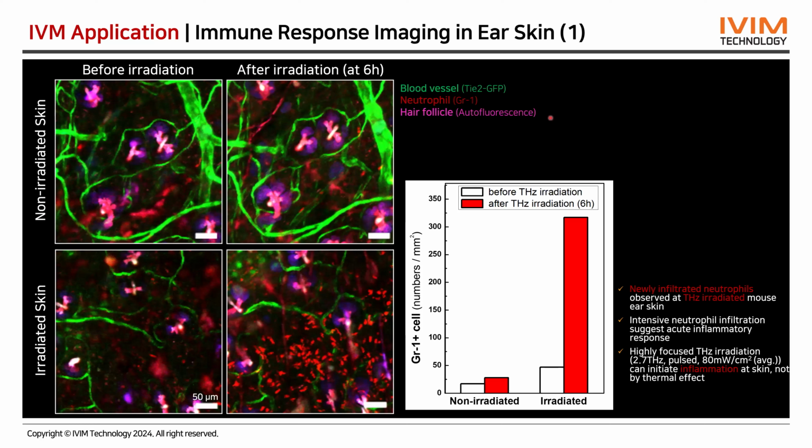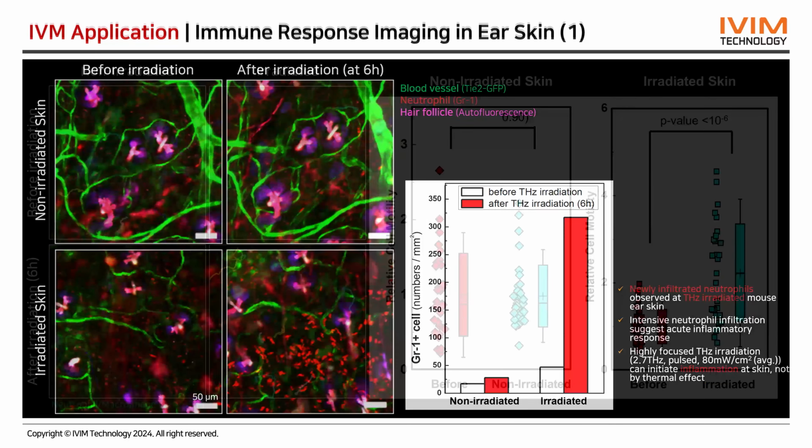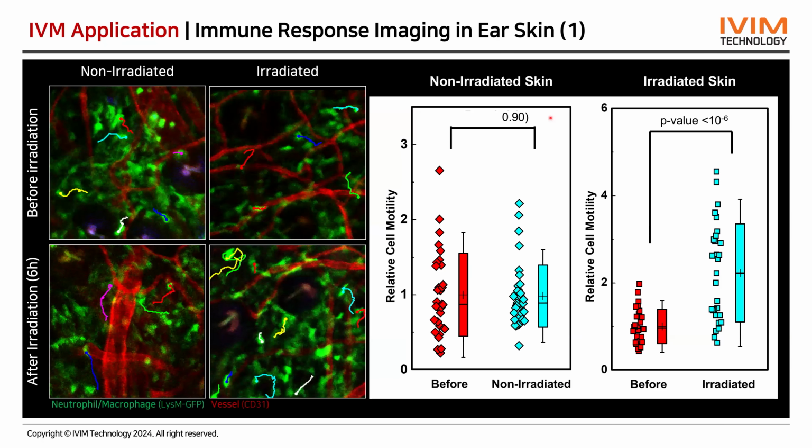Additionally, since the temperature difference between the non-exposed and exposed areas was only 0.2 degrees Celsius, we further confirmed that this was an acute immune response triggered by radiation, not a result of temperature changes. And again, most macrophages did not move around, so their motility changes are well correlated with the change in neutrophil and macrophage count before and after irradiation.